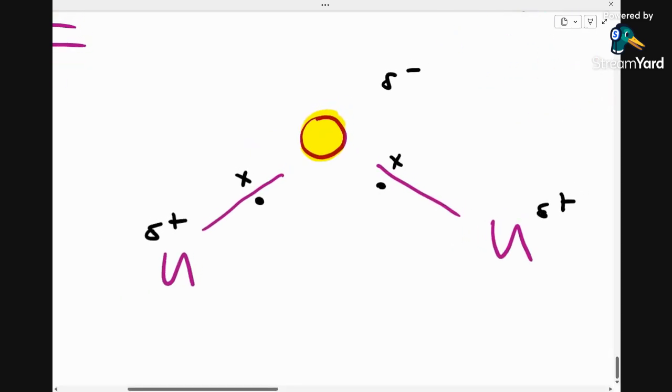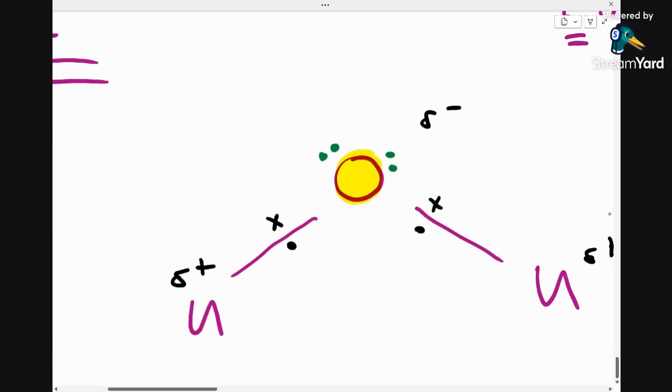So we are missing 2, which I'm going to do in green here. So let's say oxygen's electrons are dots. So I'm going to put 2 here and 2 here. And hopefully you recall that these are called lone pairs.